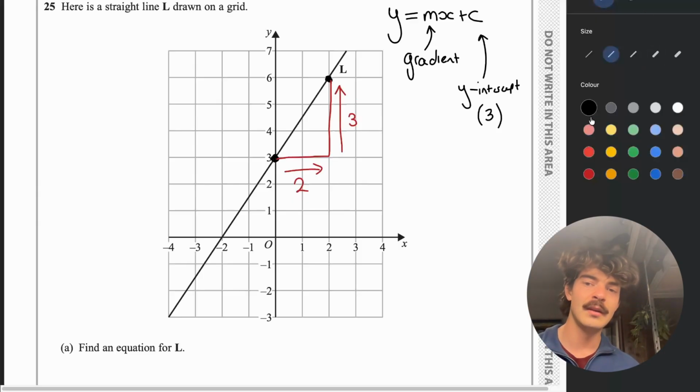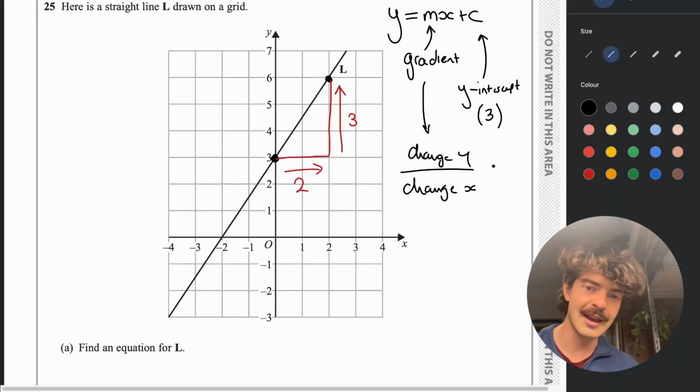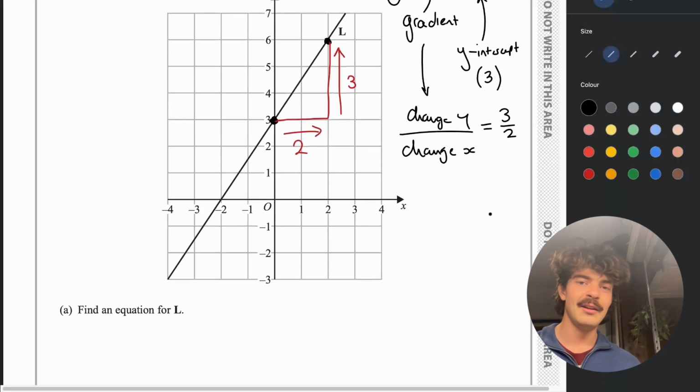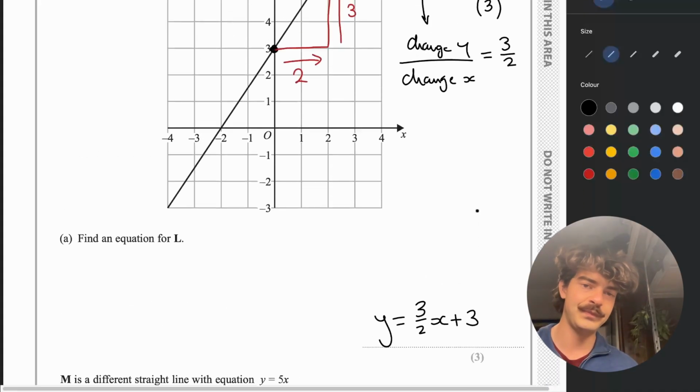Okay. Now to get our gradient, it's our change in y over change in x. Okay, in our case, 3 over 2. Okay. So if we put this all together, we get y equals 3 over 2x plus 3.